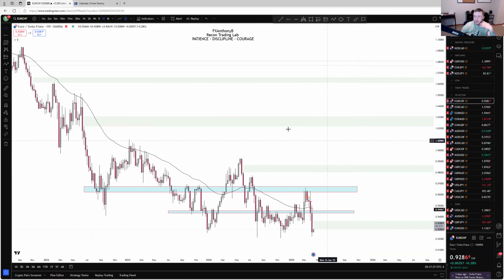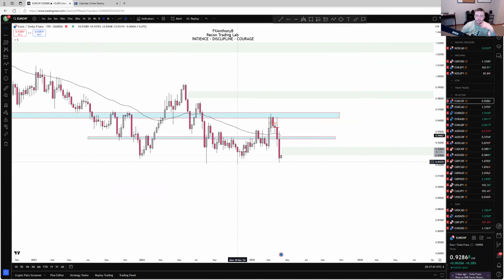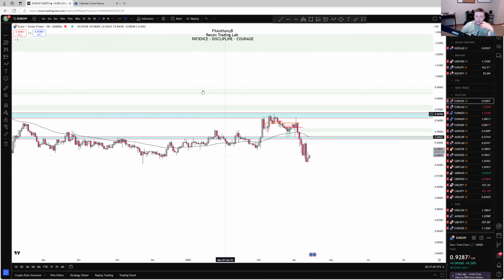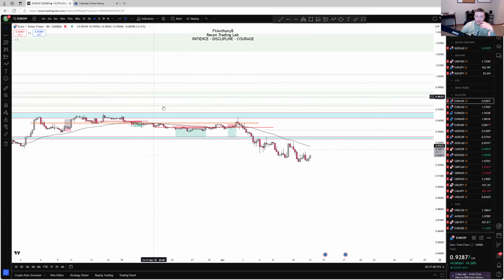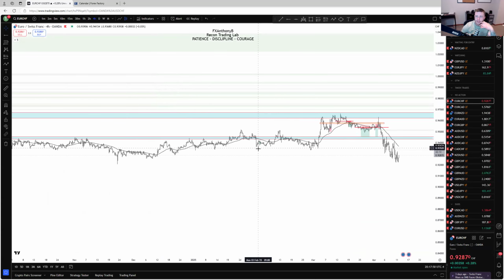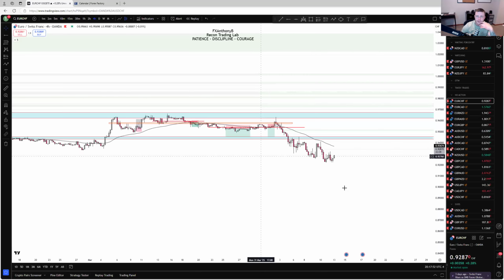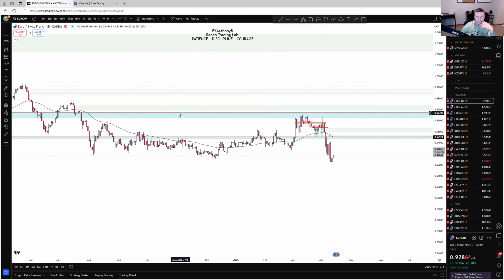Next one is Euro CHF. Weekly is bearish. Daily is bearish. 4 hour is bearish. Daily looks okay. There's a round psych in there.